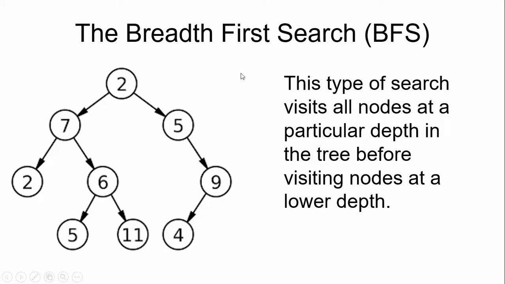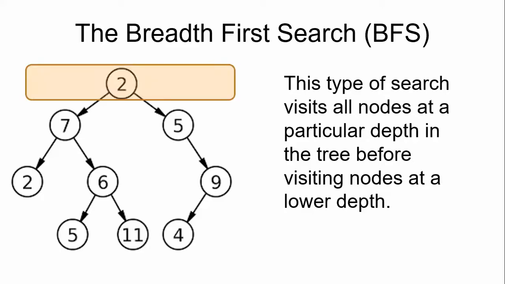The other type of search, the opposite of a DFS, is a BFS, a breadth-first search. It's kind of hard to say, breadth-first search. So BFS, right? If I just say BFS, I never have to say breadth-first search again. This type of tree traversal or tree search will search the tree by level. So it'll visit all the nodes of a particular depth before it goes down to the next depth.